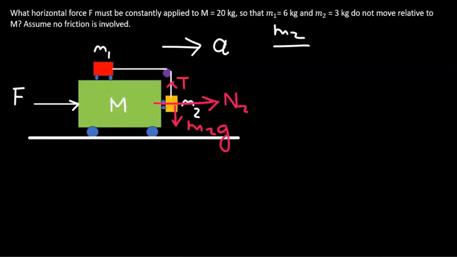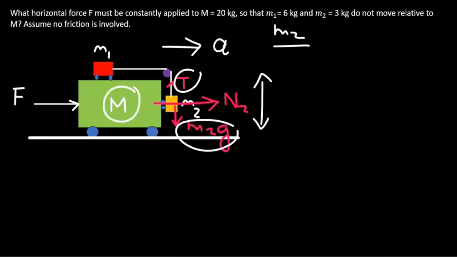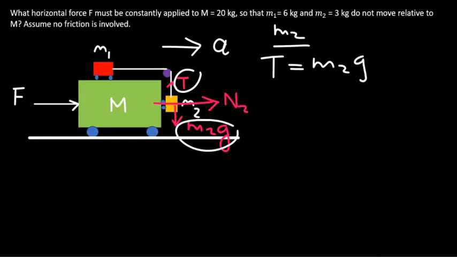The next thing to note is that M2 has an acceleration A as the system collectively moves to the right. From the free body diagram of M2, we can immediately see tension must be the same as the weight of M2 because M2 is not supposed to move up or down. It is stationary with respect to capital M. So we write T equals M2G.